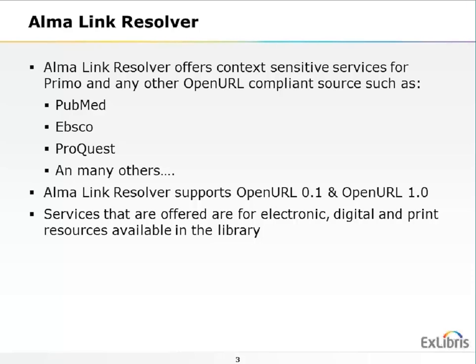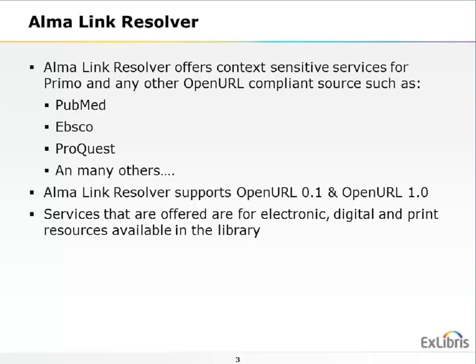So we have an end user that searches a database. It can be an abstract and index database. It can be a full text database. It can be the library discovery system, Primo.